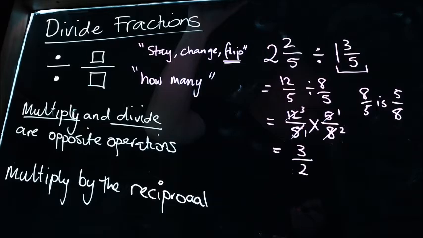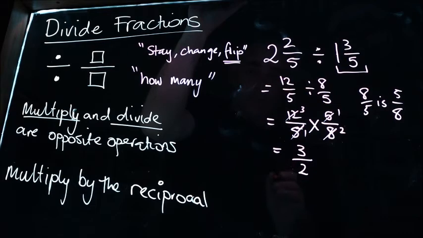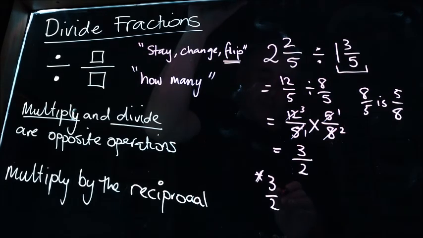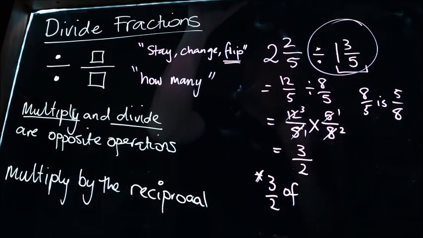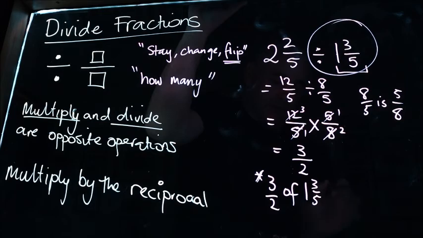But I'm just thinking now what it actually means, right? I'm doing this extra step that I'm trying to get you to think about here. We've got 3 over 2, or 1.5 of, and I'm looking back up here to see my divisor, and I've got 3 over 2 of 1 3/5. Now, if I do the work just quickly, multiply those together, I've got what I need up here.